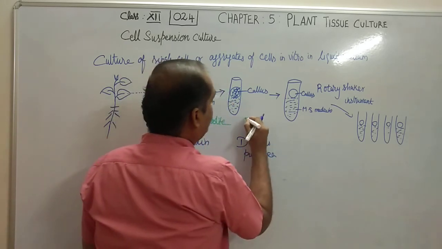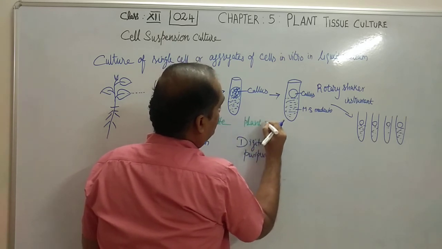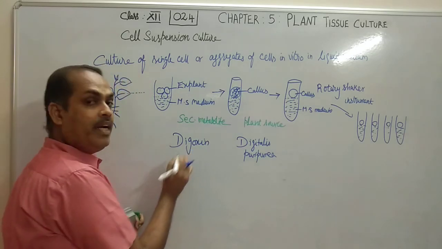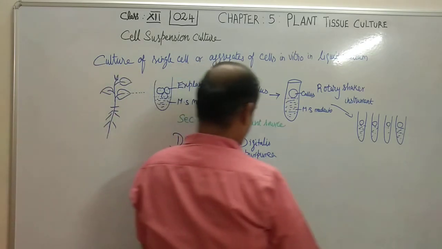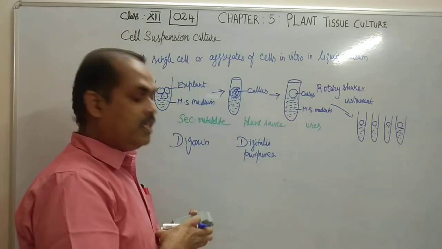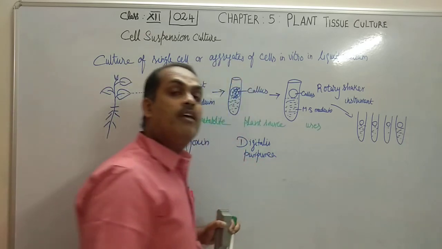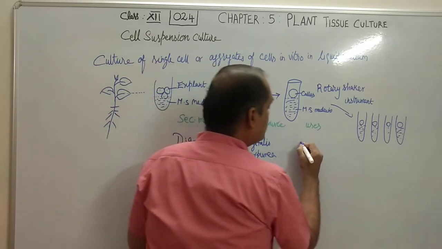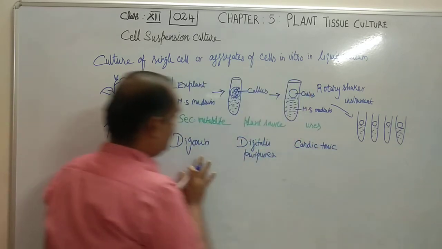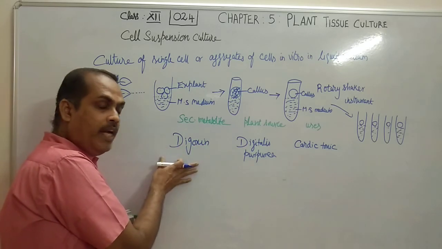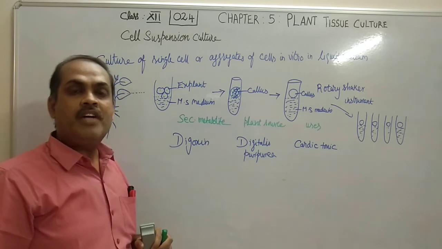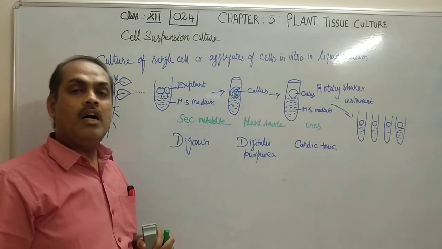This is the plant source, from which we are taking this secondary metabolite digoxin. Now what are the uses? It is used in the treatment of heart disease. That is, it is used as a cardiac tonic.